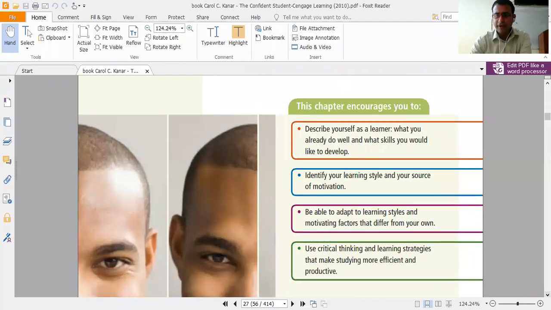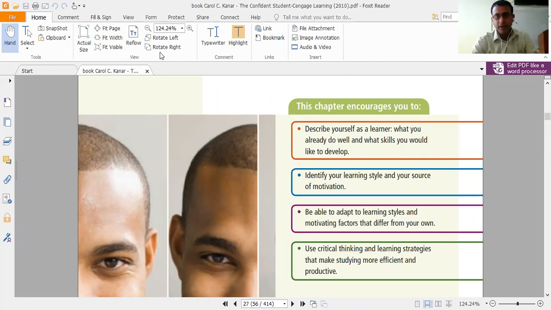Okay. So in this chapter, we are going to talk about 4 of the objectives. Number 1, describe yourself as a learner, what you already do well and what skills you would like to develop. I think we have already done this in the previous chapter as well: what are your strengths and weaknesses?